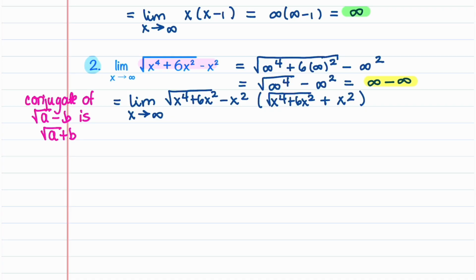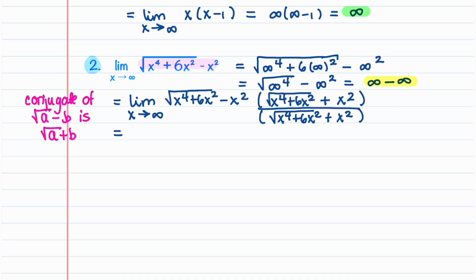Now, this is really important. We can't change the limit. So if we multiply by the conjugate, we also have to divide by that same thing, the square root of x to the fourth plus 6x squared plus x squared. Doing it this way, it's like multiplying by 1, and we don't change the problem.